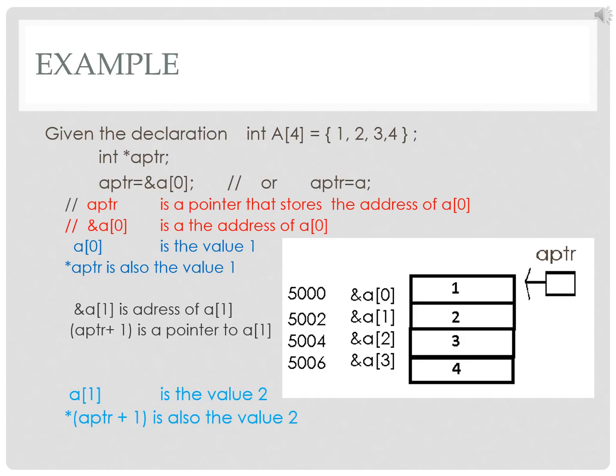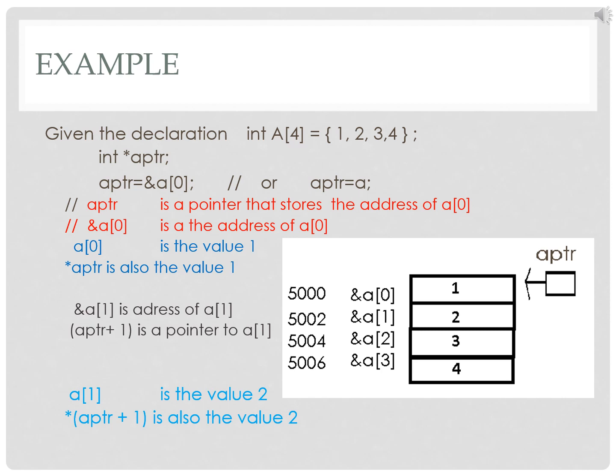See the example, int a[4]. 4 memory locations are allocated and the element values you have assigned are 1, 2, 3 and 4. We have a pointer aptr. Now aptr = &a[0], or you can assign it as aptr = a. Both are the same. a[0] has the value 1, so *aptr will also have the value 1.